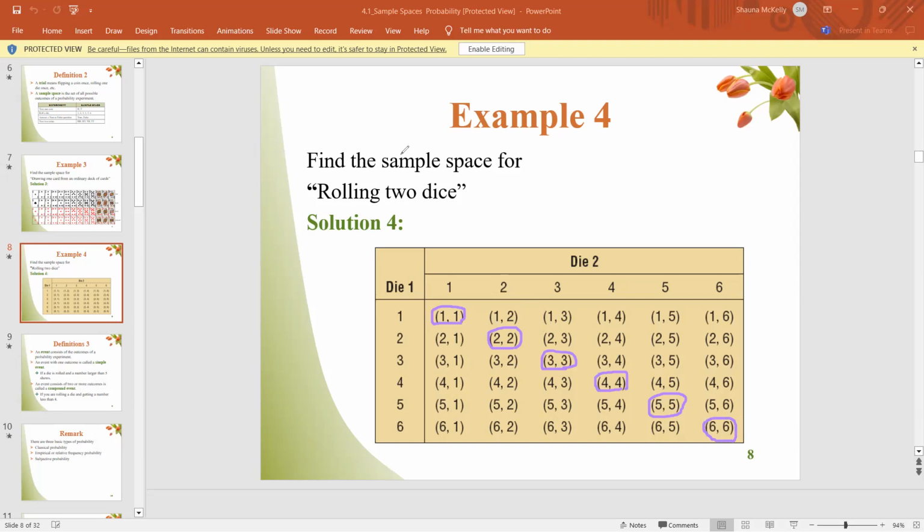And so we would say the probability of doubles is 6 out of 36.